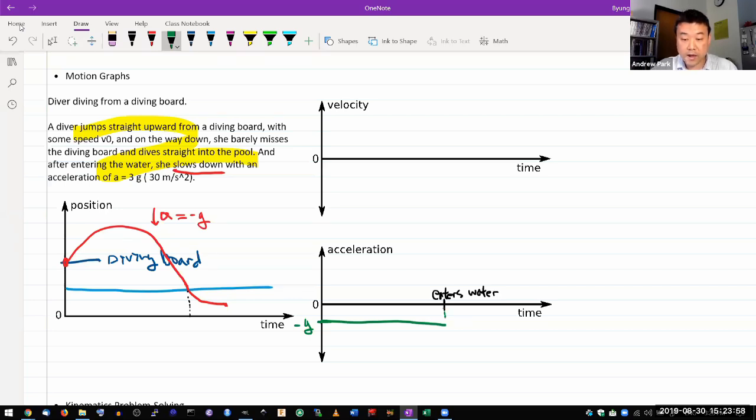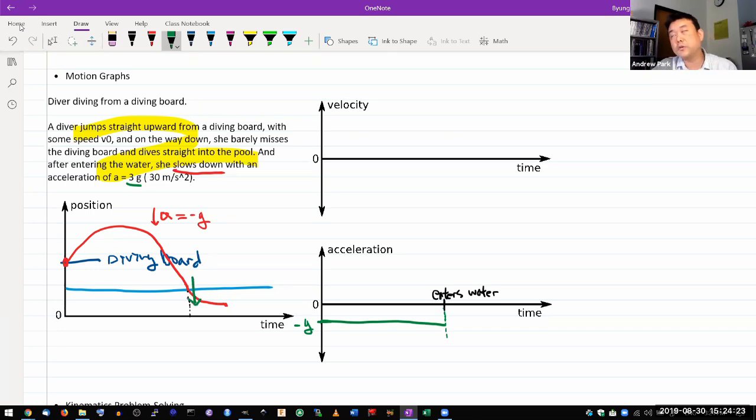And when the diver enters water, the acceleration changes. This is where you have to think through carefully whether it should be minus 3g or plus 3g. This is where you want to think in terms of relative directions. At the moment when she enters water, she's moving downward.